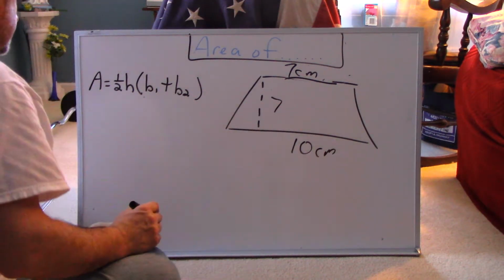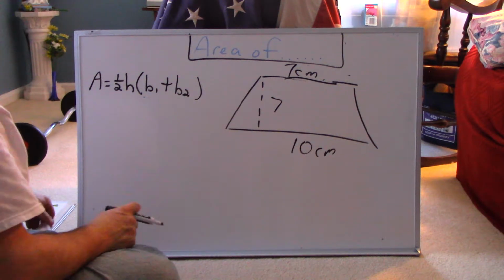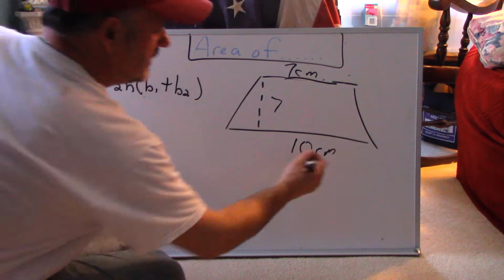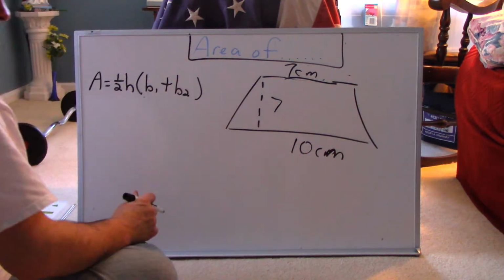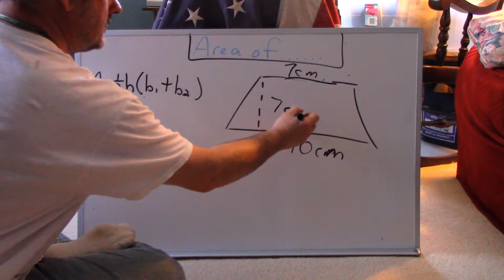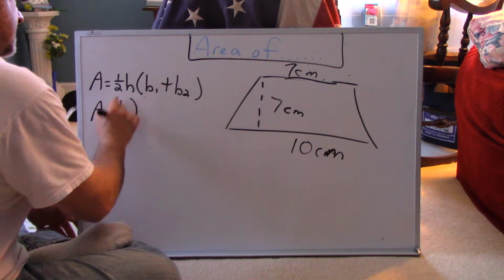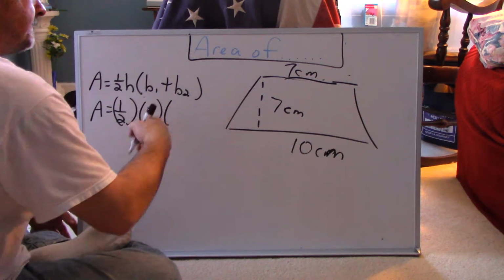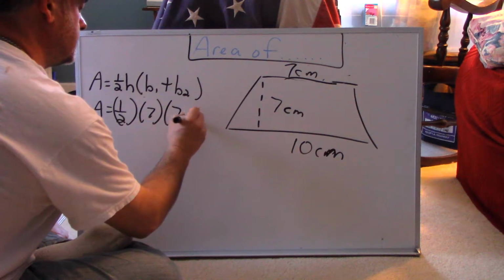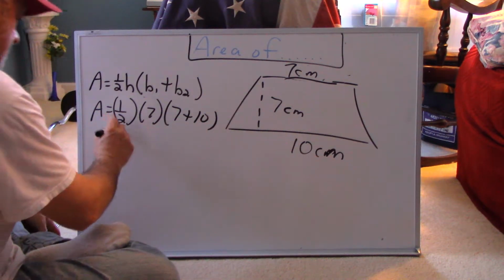How about that, right? It won't be even, but I'm doing this deliberately to challenge you. This is centimeters too. Okay, so we do 1/2 the height, which is 7 in this case, times base 1 plus base 2.